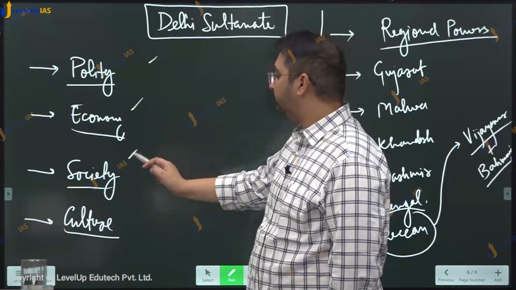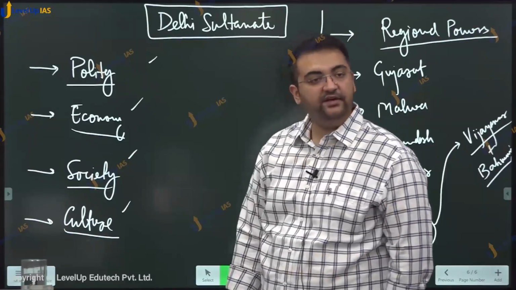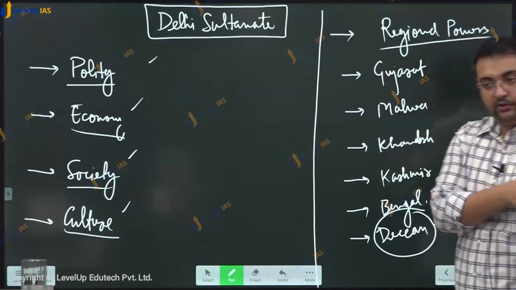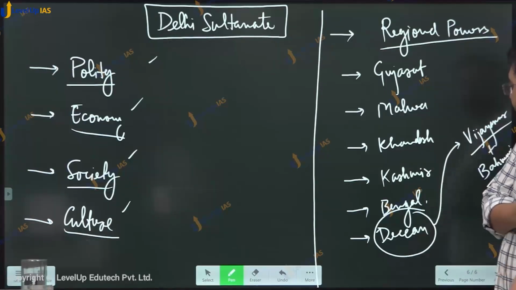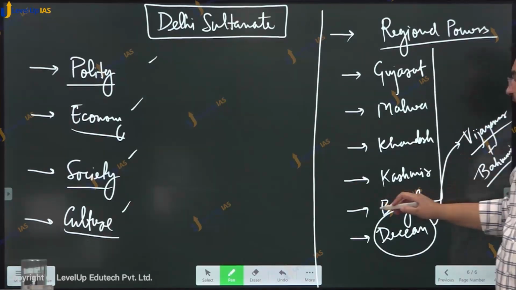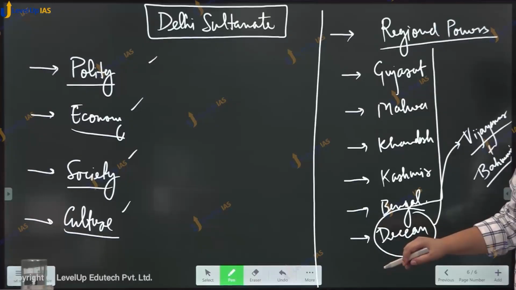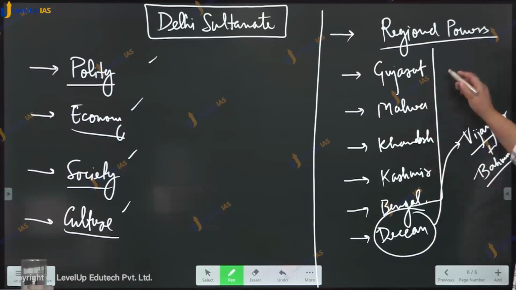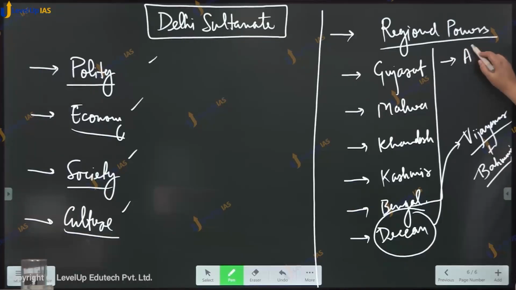Once again, we are going to follow the same pattern. Polity, economy, society and culture के fields में various aspects of change. That is what we are going to analyze. In some cases such as the Vijayanagar and Bahmani Sultanate, our analysis is going to be deeper, much more detailed. अलग दूसरी जगहों पर it is going to be much more superficial in nature. हाँ, a home kingdom also we can talk about, right?